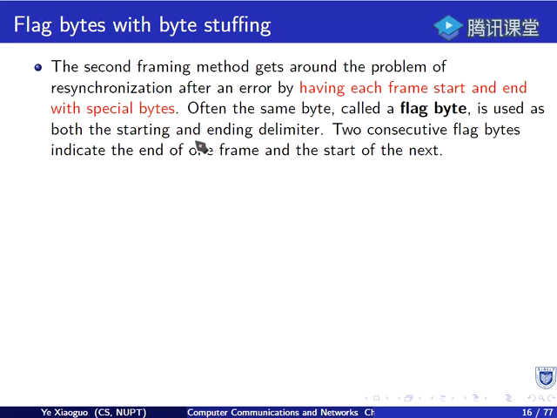Often the same byte, called a flag byte, is used as both the starting and ending delimiter. Two consecutive flag bytes indicate the end of one frame and the start of the next.